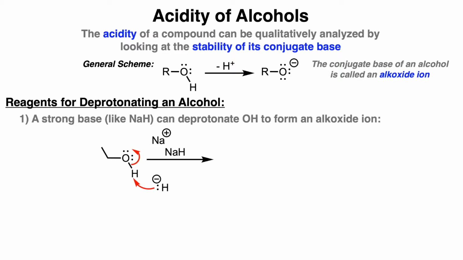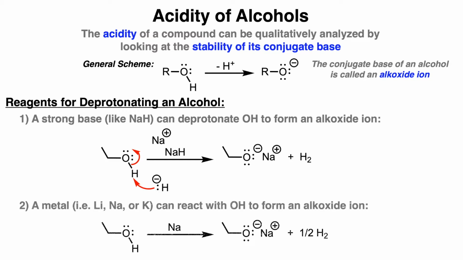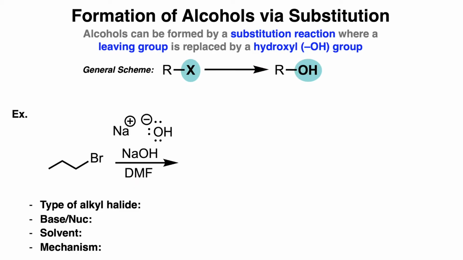The OH bond breaks to form a new lone pair on the O, creating a -1 formal charge on oxygen, which then produces the alkoxide ion and hydrogen gas, which bubbles out of the solution. Another way is to use a metal like lithium, sodium, or potassium, which react with the alcohol to produce an alkoxide ion as well.